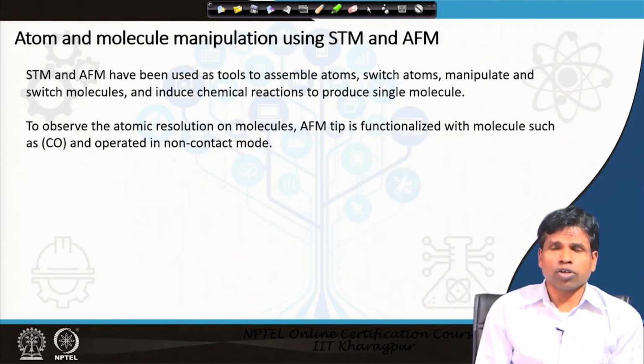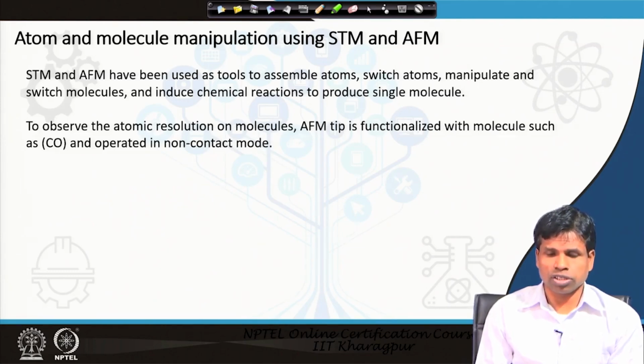Initially, scanning tunneling microscope was used primarily to do this manipulation, but we now see extensive research and results coming out on atom and molecule manipulation using atomic force microscope also.